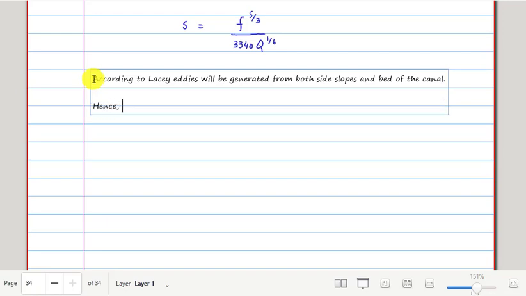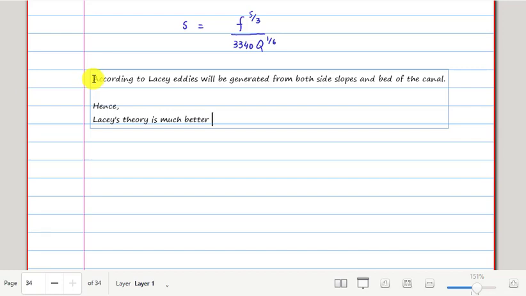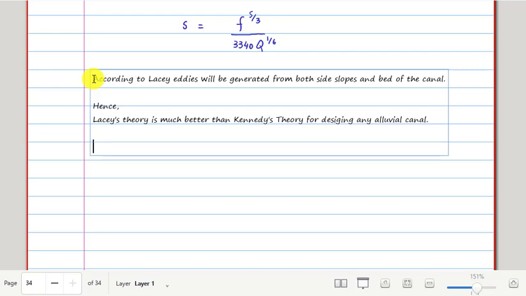Hence we can say that Lacey's theory is much better than Kennedy's theory for designing any alluvial canal.